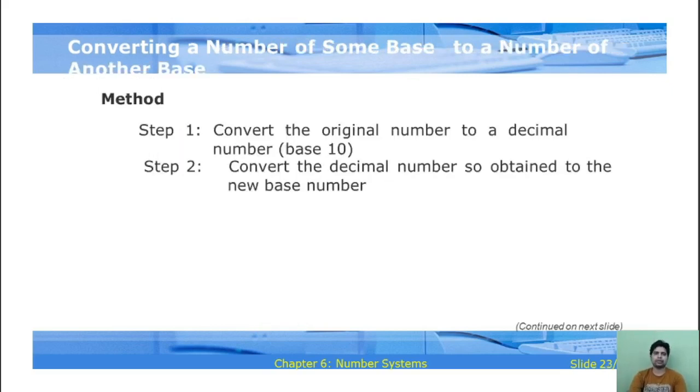Clear? Okay, now we will convert a number of some base to a number of another base. The first method is: step 1, convert the original number to a decimal number, base 10, and step 2, convert the decimal number to obtain the new base number.